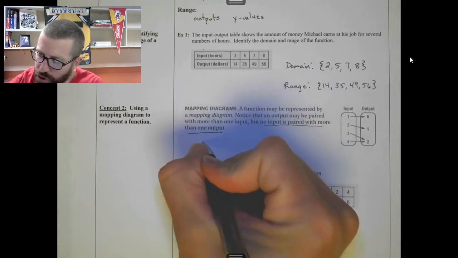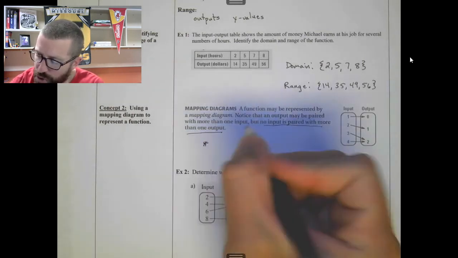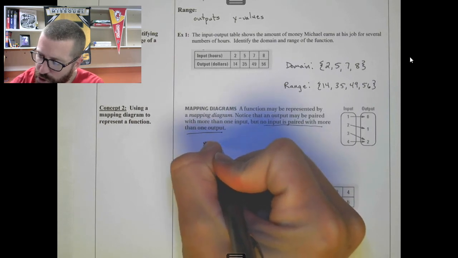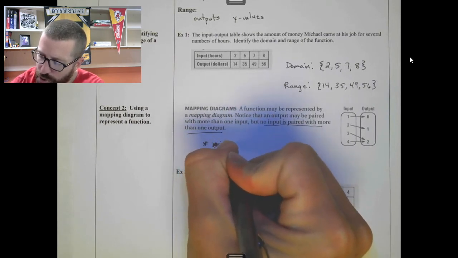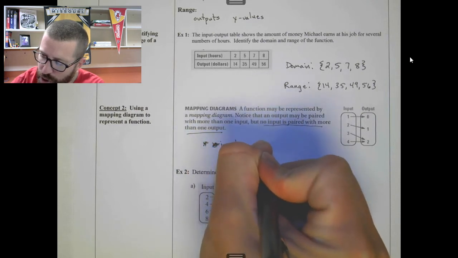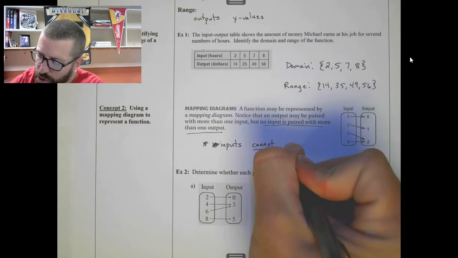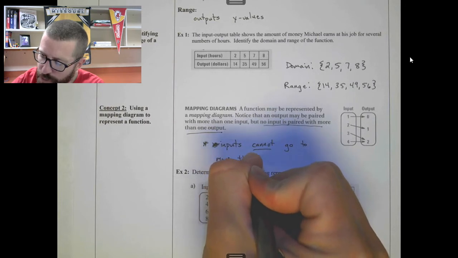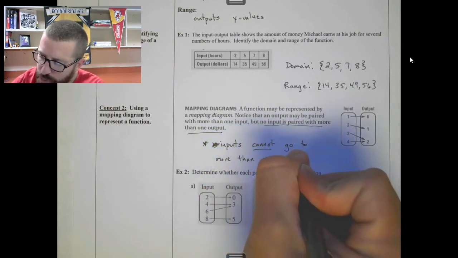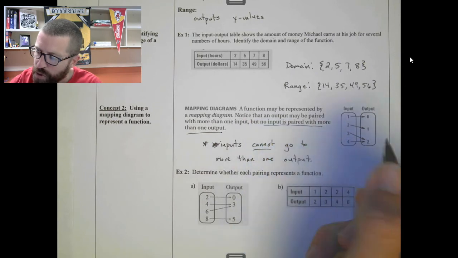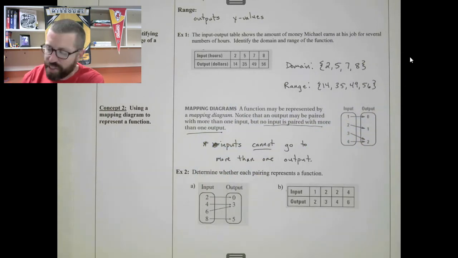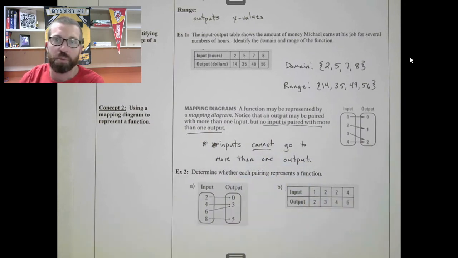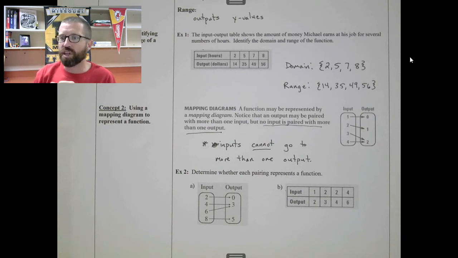So for a function, let's say inputs cannot go to more than one output. A shortcut way of seeing that is, the inputs can't repeat. If the x values repeat or the inputs repeat, then it's probably not a function, because that means that same input is going to two different outputs.